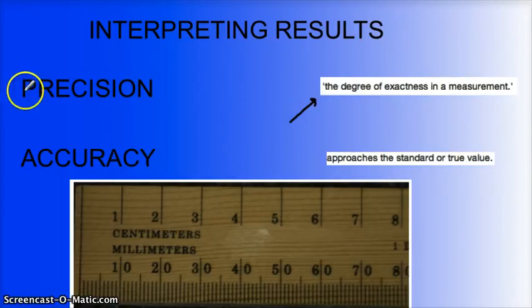So scientists hope for having precision in their measurements, and they also hope to have accuracy. Now, accuracy, I kind of referred to earlier, is how accurate something is, whether it is right. Accuracy refers to the difference between a measurement and its actual value, and you can see what I found in another text is as it approaches the standard or true value.